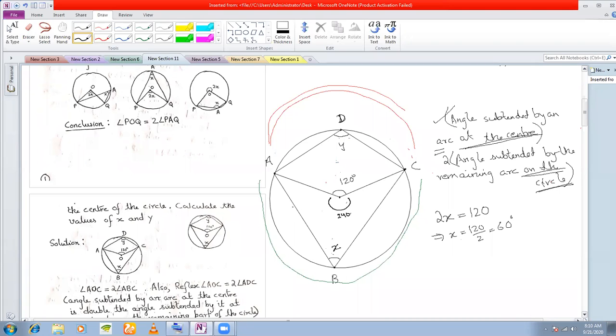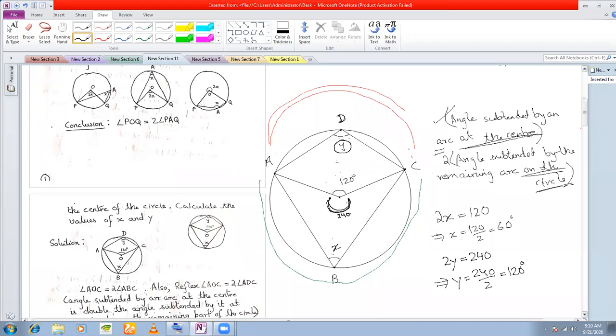Now if you see, 240 is the angle at the center. What is the angle at the circumference? The angle at the circumference is y. So twice the angle at the circumference must be equal to the angle at the center. That means y must be equal to 240 by 2, which is 120 degree.